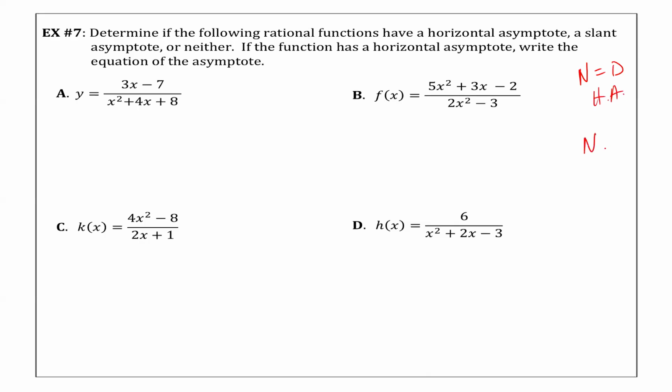If the degree of the numerator is less than the degree of the denominator, you're going to have a horizontal asymptote, and it's going to be at y equals 0. If the degree of the numerator is greater than the degree of the denominator, there is no horizontal asymptote.